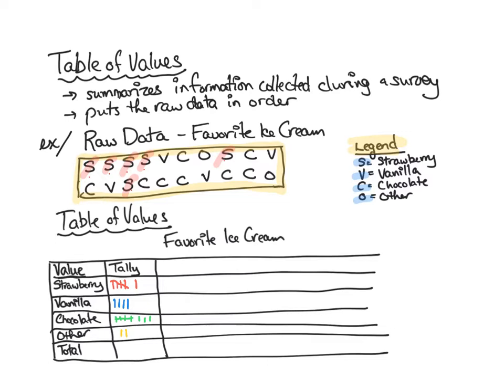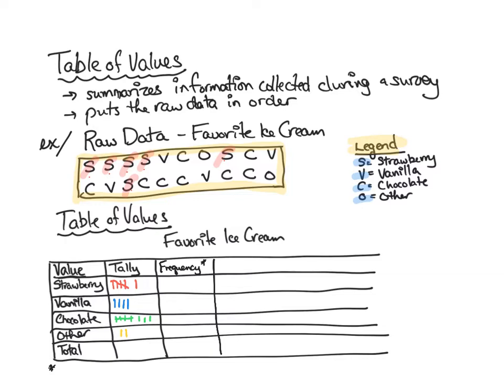The next column in our table of values or chart is the frequency. So the frequency, I'm going to put a little star here and put it down here.